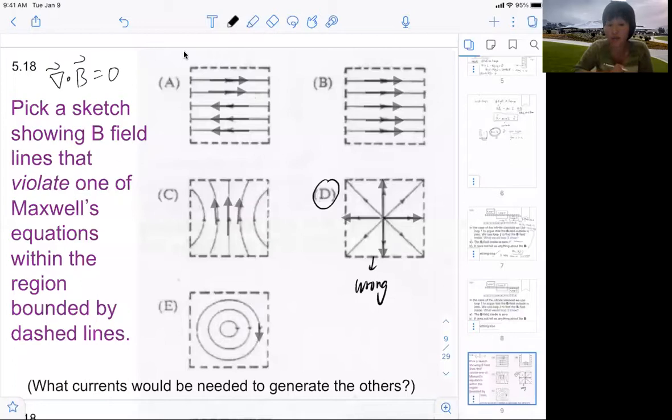let's find the physical setup that gives us all the other possible fields. Let's look at A. What kind of current distribution would produce a magnetic field that looks like A?